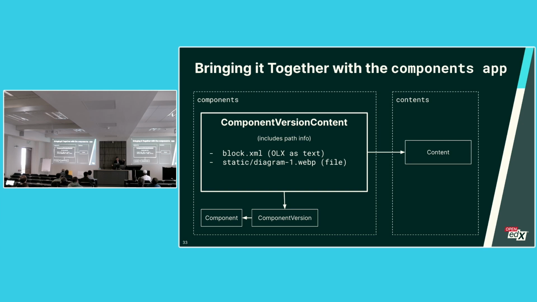So here it says, for this particular component version, block.xml is pointing to this piece of content that is OLX text. This component version also has a diagram image file, and that's going to be some file-based piece of content.